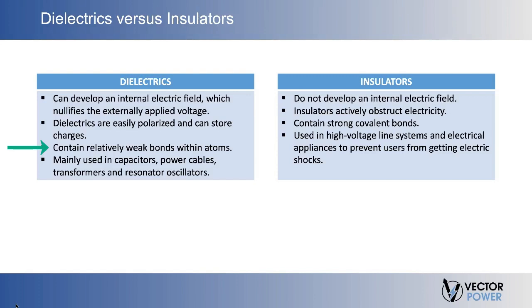Dielectrics contain relatively weak bonds within atoms, and insulators contain strong covalent bonds. Dielectrics are mainly used in capacitors, power cables, transformers, and resonator oscillators, while insulators are used in high-voltage line systems and electrical appliances to prevent users from getting electric shocks.